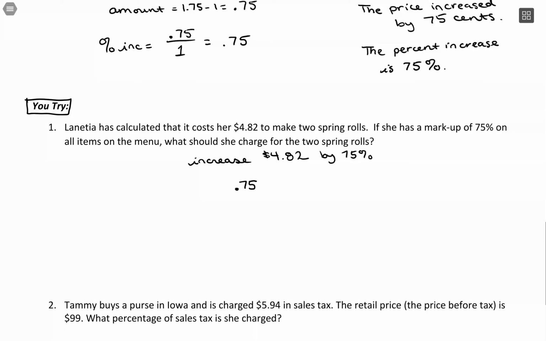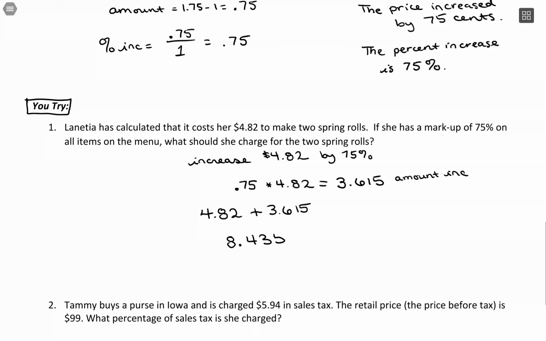I'll take 75% of $4.82, and that's going to be 3.615. So that's going to be the amount that we increase by. So what we're going to do is take the original amount, that $4.82, and add on the $3.615 and get a final answer of 8.435.